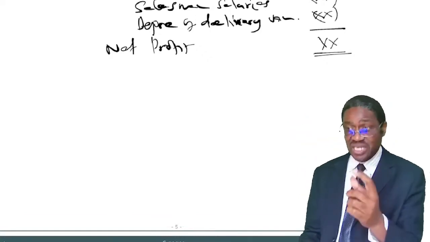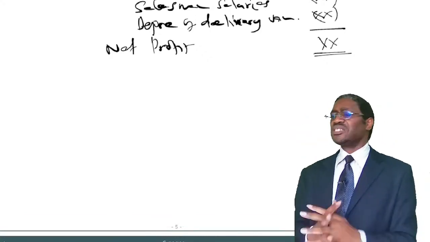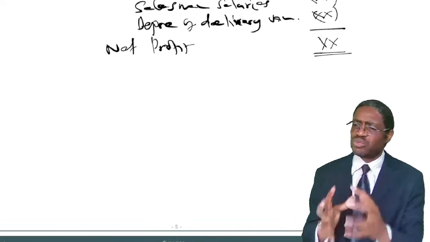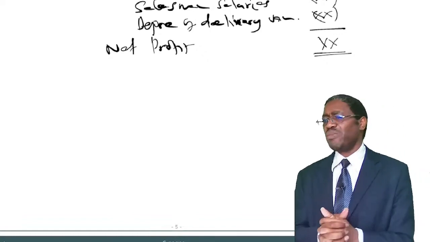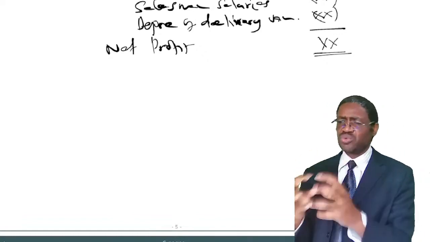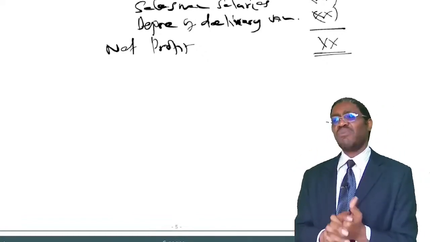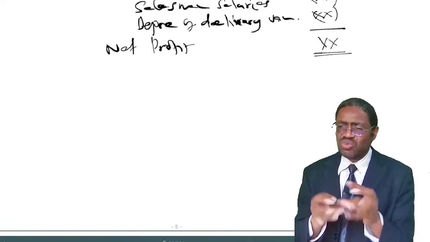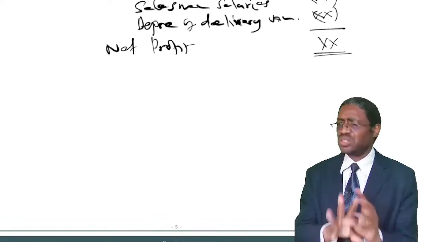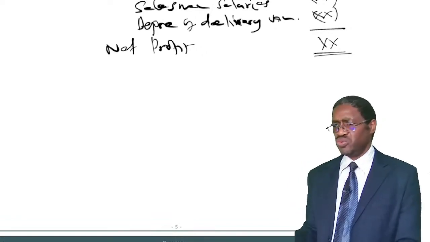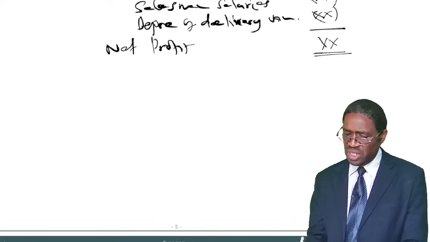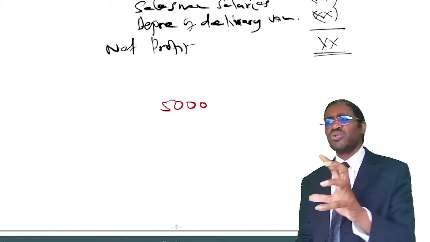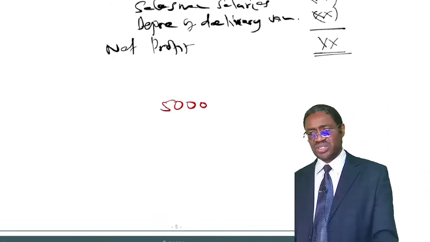So what are they? Listen, as a manufacturer, you may need some small tools in whatever you are manufacturing. Maybe there are screws, bolts, nuts, and so on. Let us assume that by the beginning of the year, you began the year with small tools worth 5,000 shillings.